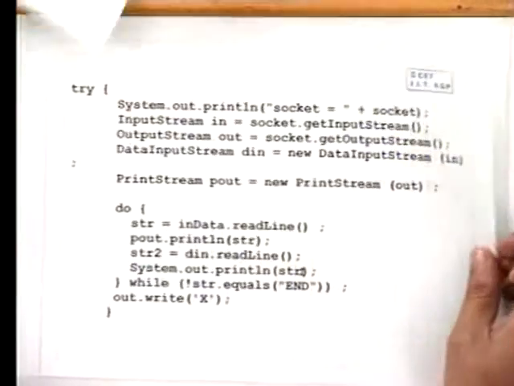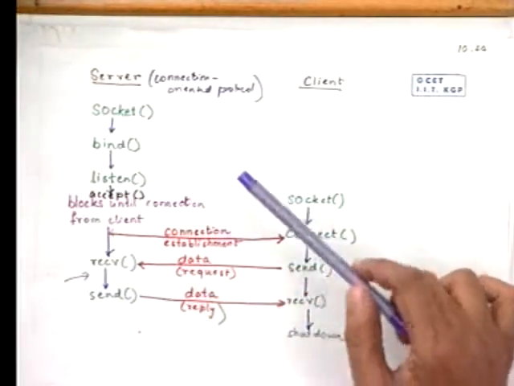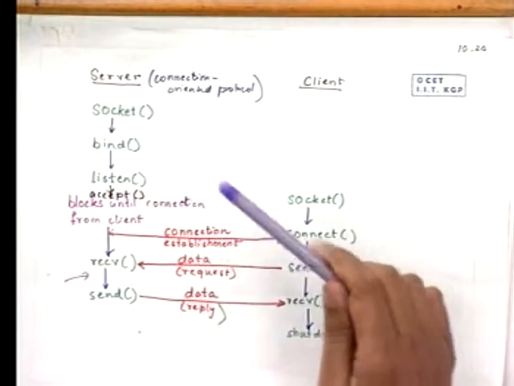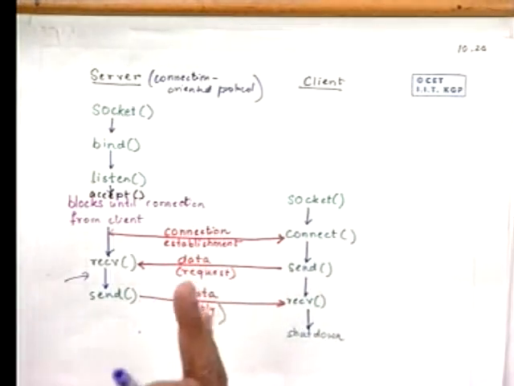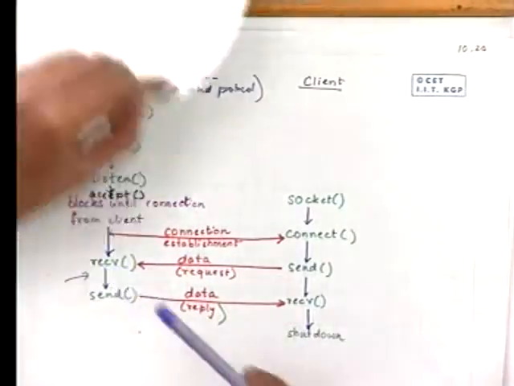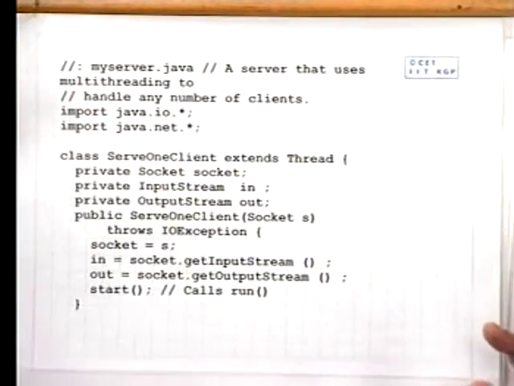So therefore, what we have seen is that this is a typical connection oriented protocol, and we have illustrated that the server processes the request of the client in another thread. The advantage here is that we can allow the server to listen to multiple clients even though, in another thread, it is processing the request of an existing client.